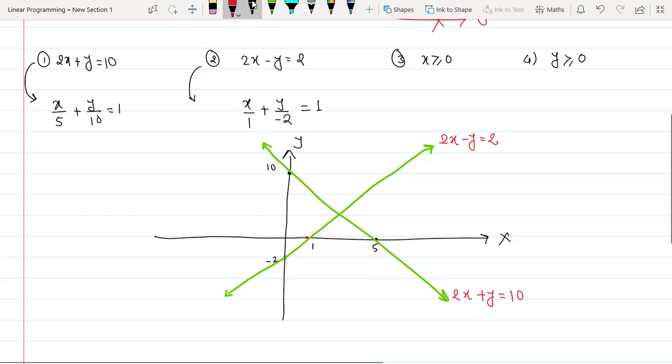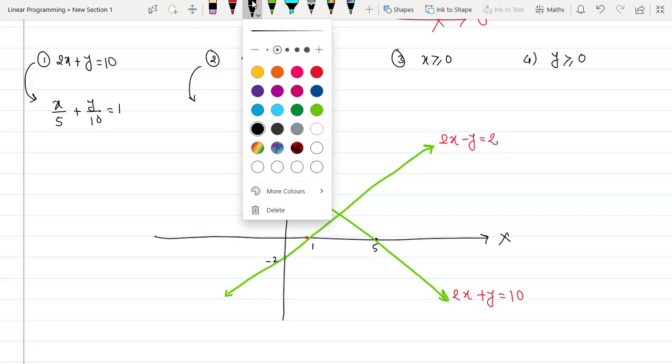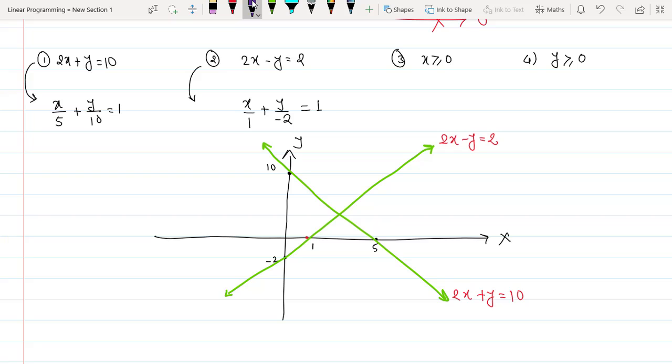Now get the feasible solution set for all these lines. First tell me, okay, let's have a different color. Let's take purple. So 2x plus y equals 10 means what? What is the feasible region for this? It's the line itself. Each and every point on this line is a feasible solution for the first line.